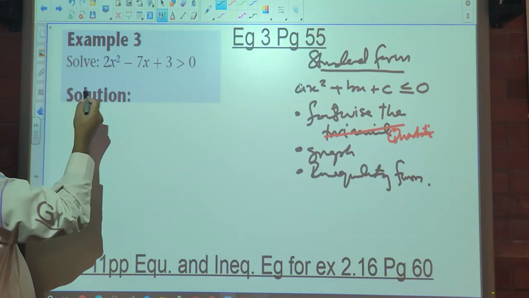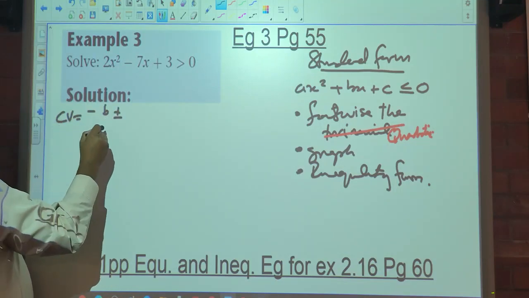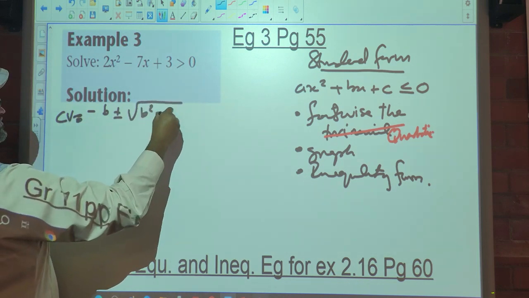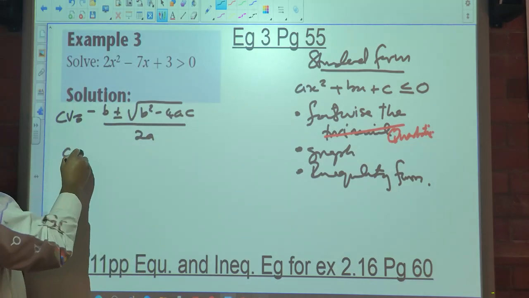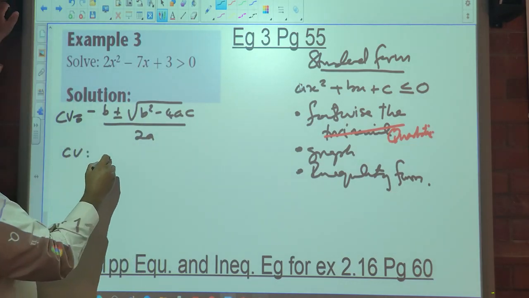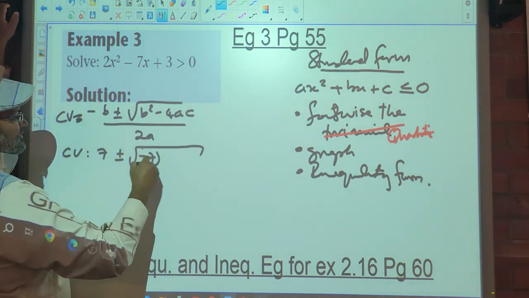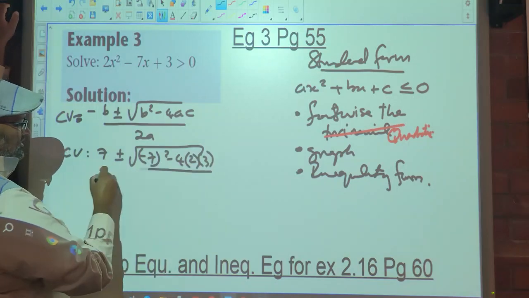But anyway, if you use the formula, your critical values are going to be minus b plus minus the square root of b squared minus 4ac over 2a, which is now going to give us critical values of 7 plus minus the square root of negative 7 squared minus 4 times a, which is 2, and c is 3, over 2a.